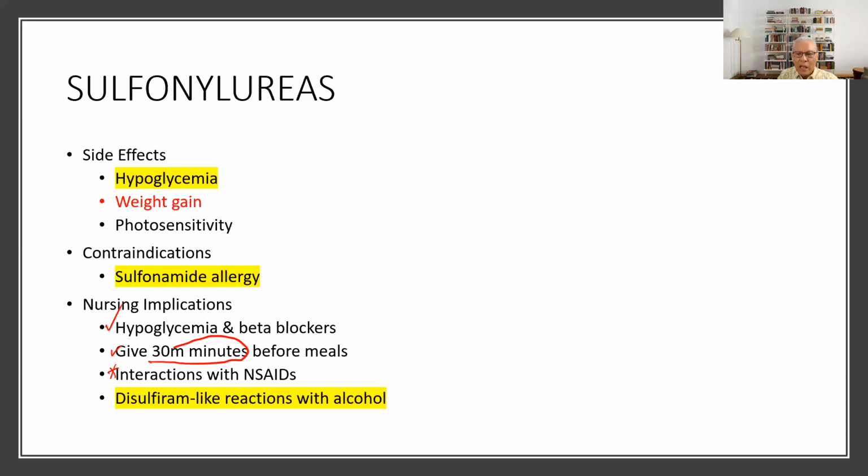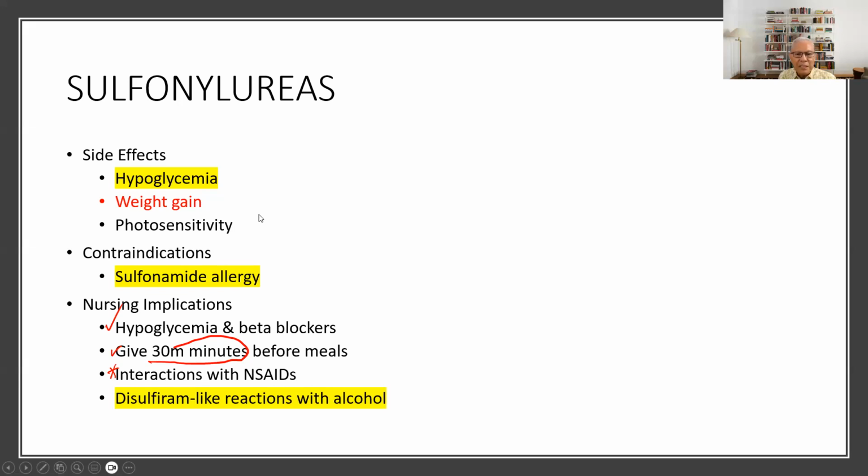Okay? And the other thing that is going to be important with these drugs is that it is a sulfonylurea, so it will be contraindicated for people who have a sulfa allergy. And another side effect I think that is important is photosensitivity.